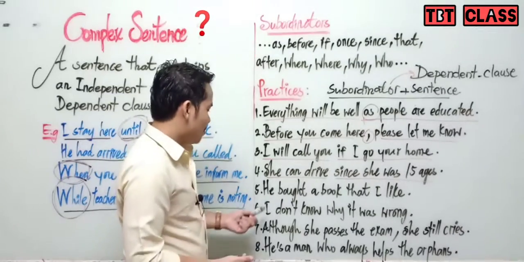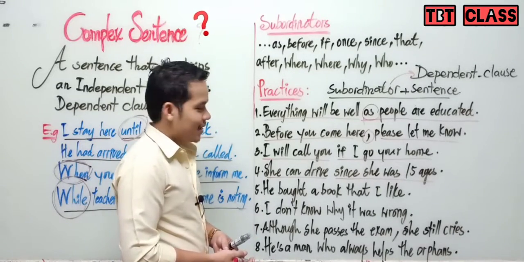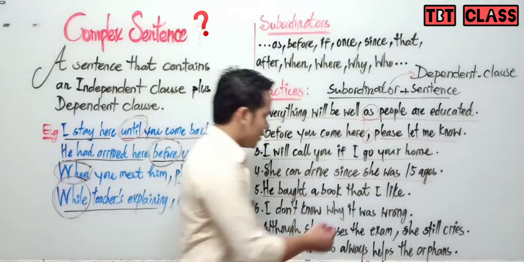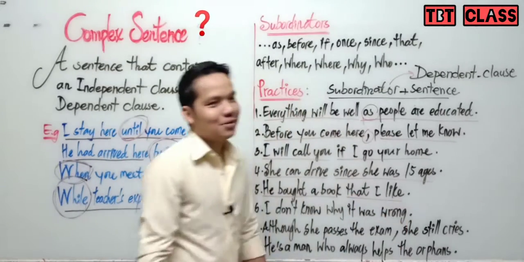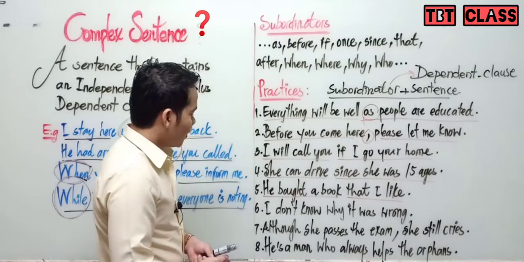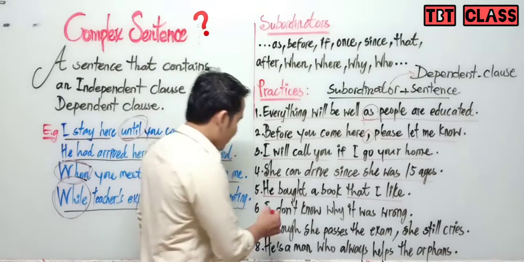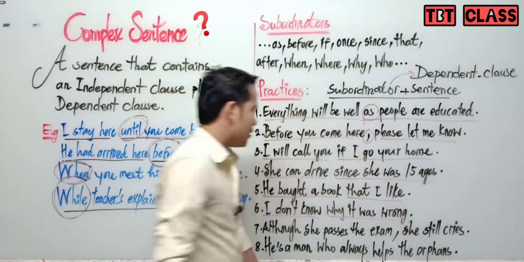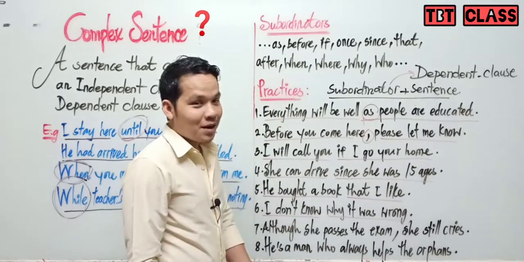Yes. Number 5: He bought the book that I like. He bought the book is the independent clause; that I like is the dependent clause. Number 6: I don't know why it was wrong. I don't know is the independent clause; why it was wrong is the dependent clause. So it is a complex sentence.